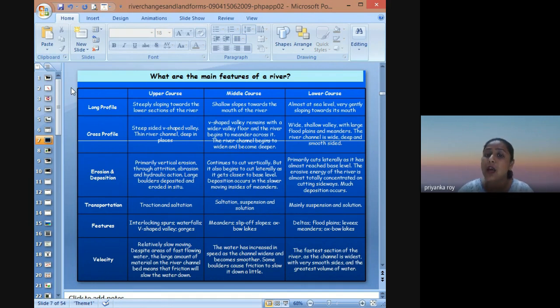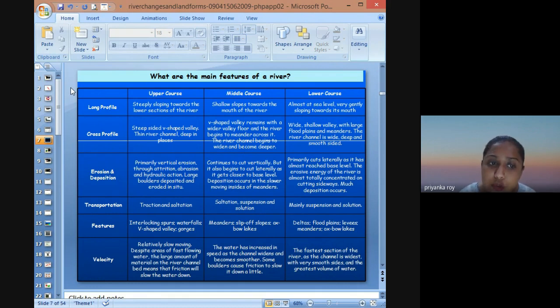Erosion does take place, but the lateral erosion is at a very slow speed. So the erosive energy of the river is almost concentrated on the cutting of the side of the river. So the bank gets wider, and much deposition will happen in this part of the river system. So there are more depositional landforms happening here in the rivers.